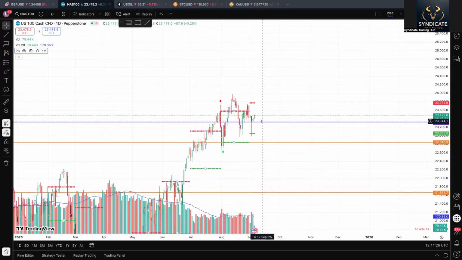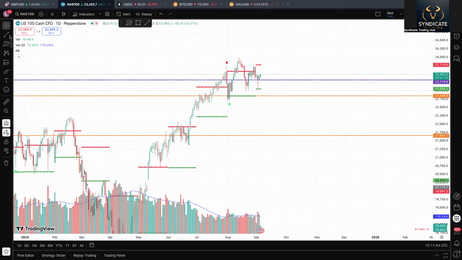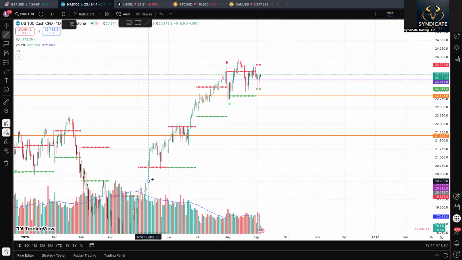So what we are looking for is a rotation to test 23,774, and a possible rejection. When we get there, we will look at it. But as we are looking at the Nasdaq 100, it is still in a full uptrend.